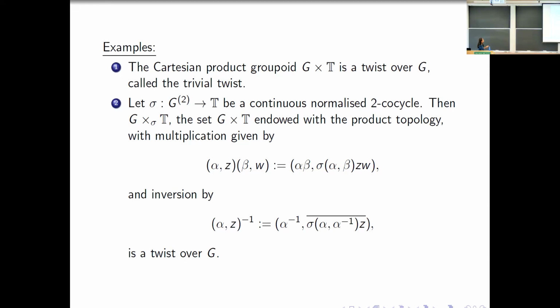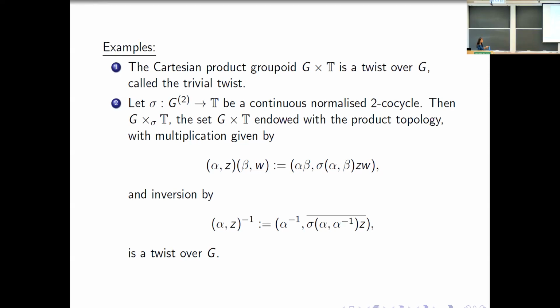In that case, the new product can be defined from the original one, just taking into account the value of the cocycle. And similarly, the inverse of this G cross T can be simply defined by incorporating the value from the cocycle as well.